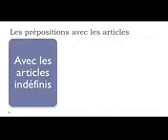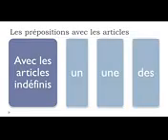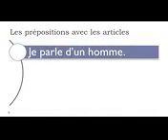So exactly the same thing, we'll see how de will react. So first avec les articles indéfinis, okay, so un, une, and then des. Alright? So I took this parler again, okay, but keep in mind that if we've got this parler and then we use the preposition de, then it's to talk about something.